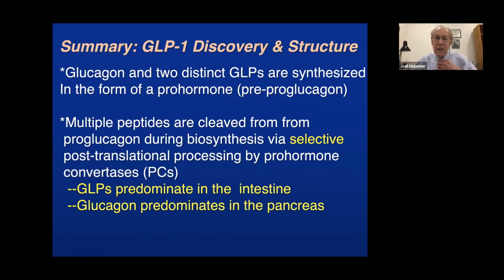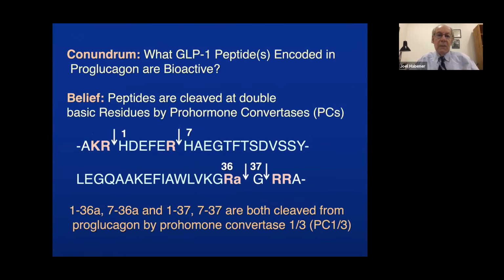GLP-1s predominate in the intestine, glucagon predominates in the pancreas. But now there's a conundrum, and that is which of the GLP-1 peptides encoded in proglucagon are bioactive. As we showed in the earlier slide, there's a large array of different peptides produced in both the pancreas and the intestine, but we needed to determine which ones were bioactive.